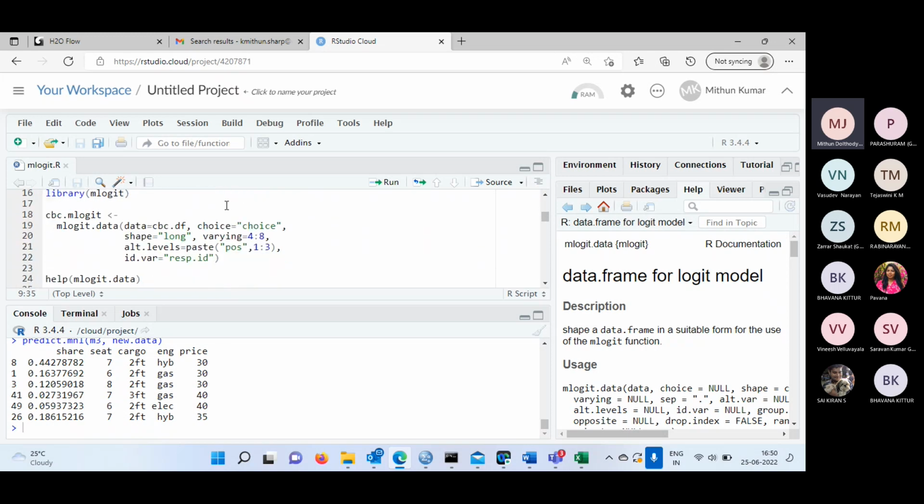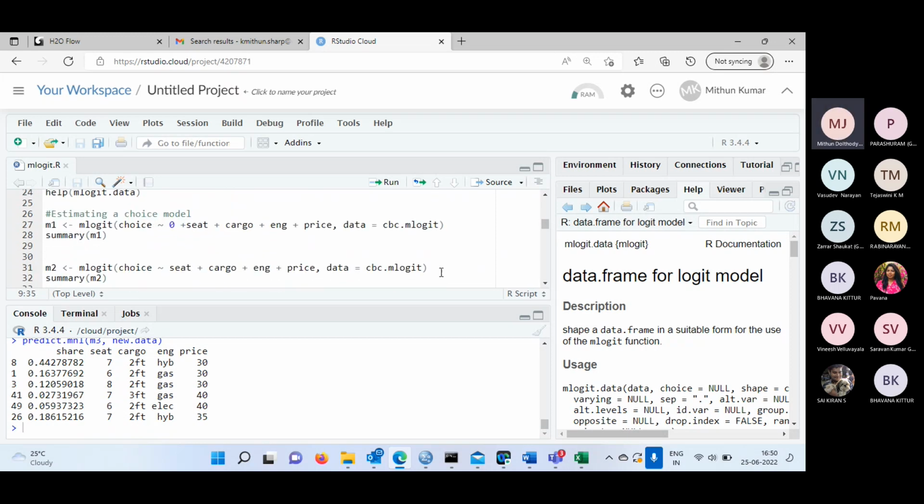Now, it's a case of calling the mlogit function. Once you use that mlogit function, next is running it. This will generate the coefficients, right? From the coefficients itself, you can do a lot of things.